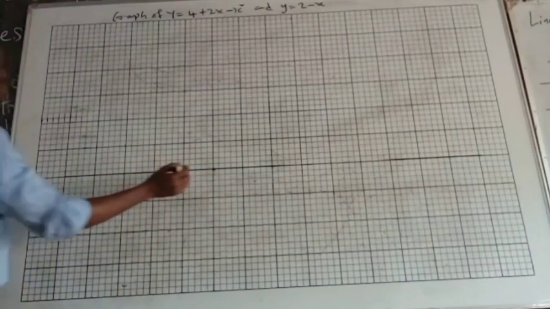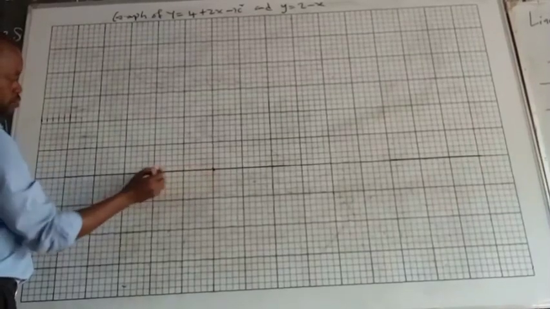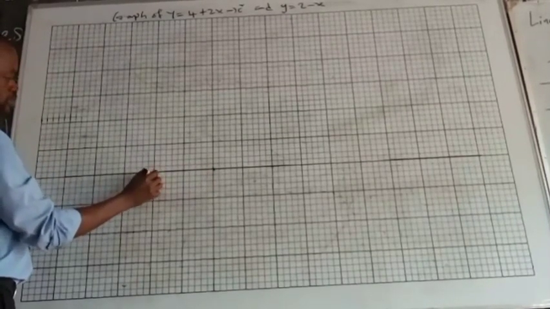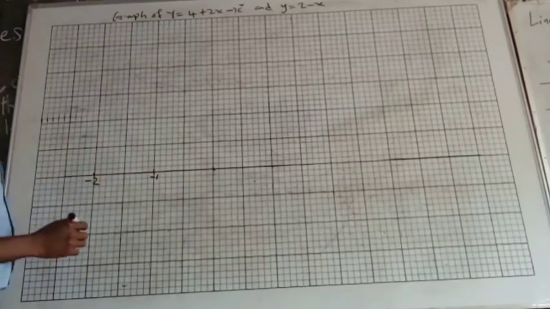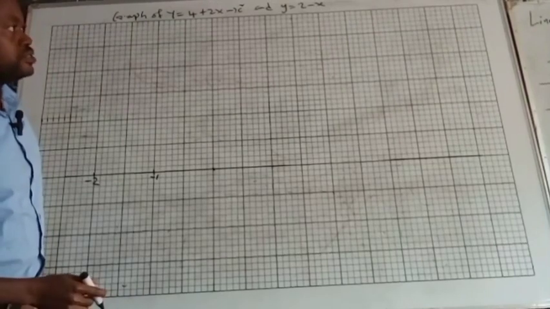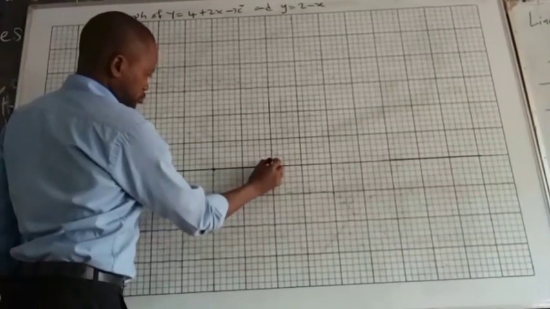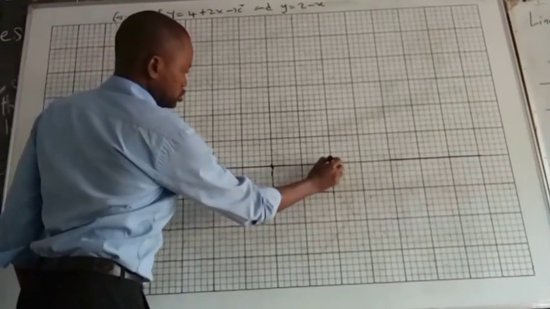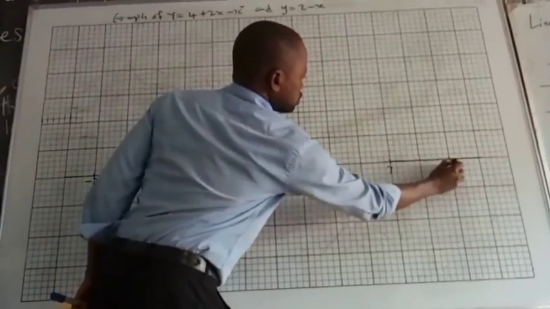See, this is our origin. We have defined that, and then here will be minus 1. Here will be minus 2. Everything here is 1 unit on x-axis. So 0 here, 1, 2, 3, and here 4.